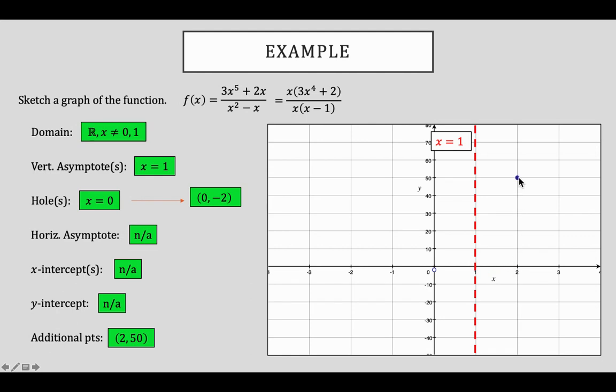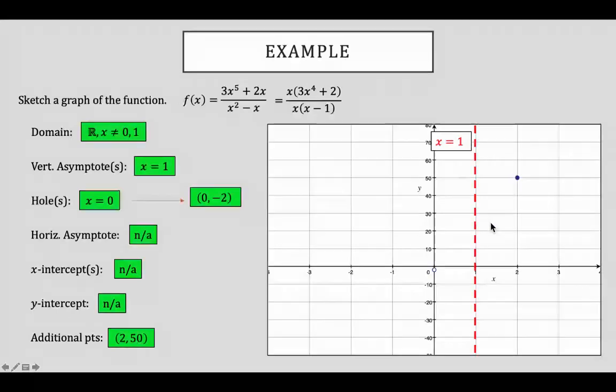So what does that mean for this portion of my graph? Well, as I go to the left of this point, I get closer to this vertical asymptote. And by definition, if I have a vertical asymptote, the graph either has to go down to negative infinity or the graph has to go up to positive infinity. In this case, the graph must go up to positive infinity.